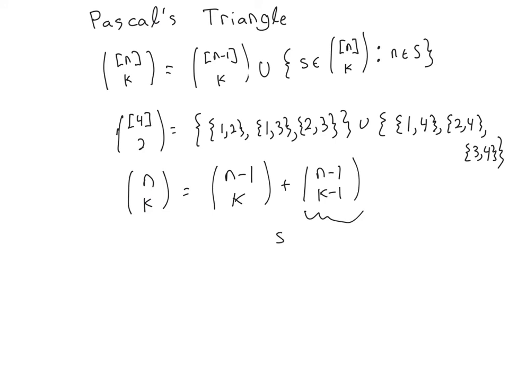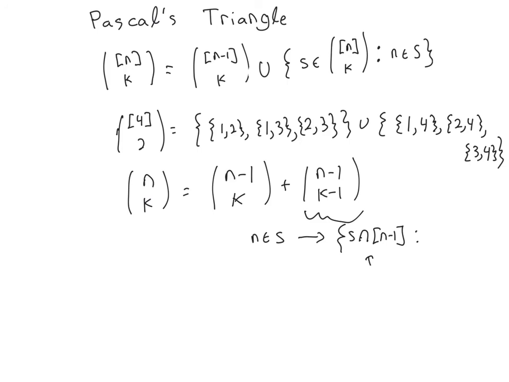because given a set S that contains the element n, you can always consider intersecting that set with the numbers 1 through n minus 1 instead. And it turns out if you do that, the size of this new set is 1 less.